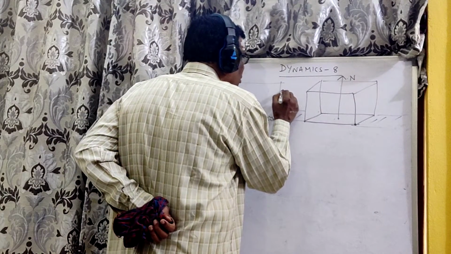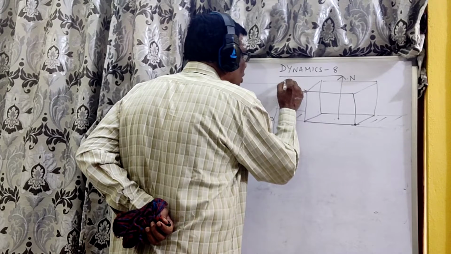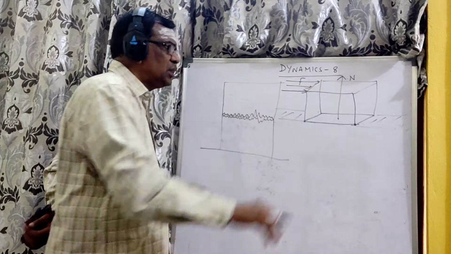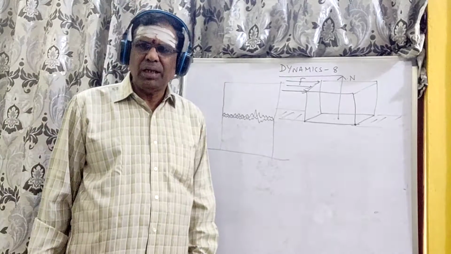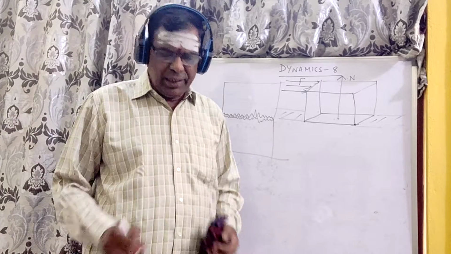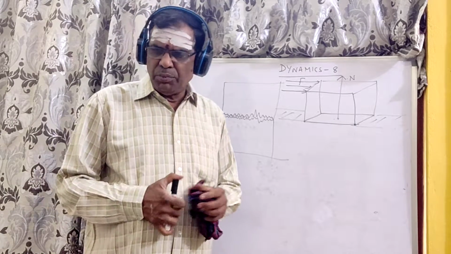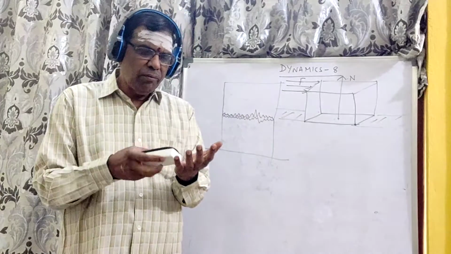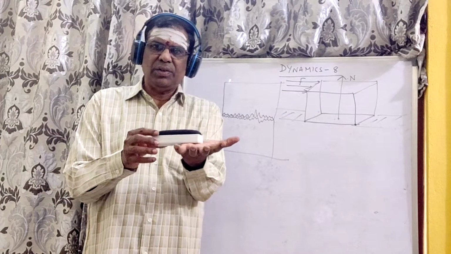For example, I am now trying to push this body forward. There is a possibility that this body may get toppled. For example, this one.